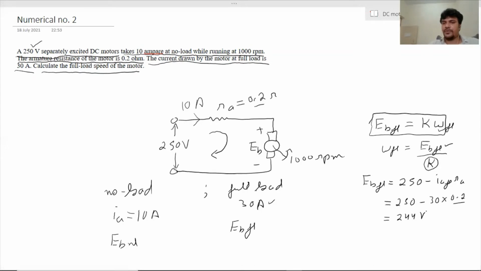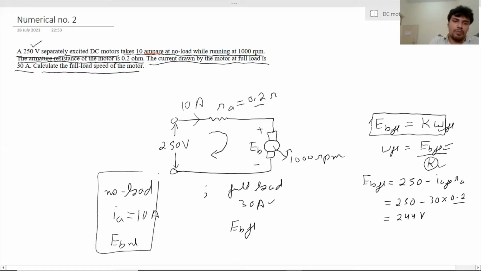Okay. So one more thing we have calculated. Now how will we calculate the K? Only one thing is remaining, and once we calculate K, then we can find omega full load. So K will be calculated by no load data. We can say that EB NL, as we have written before, will be equal to K into omega NL.